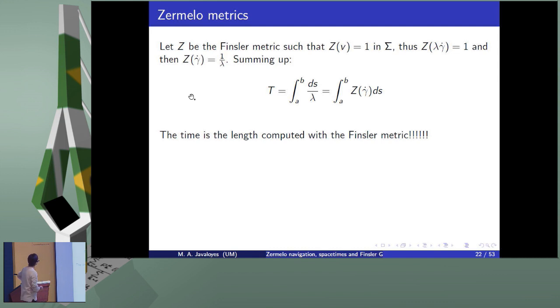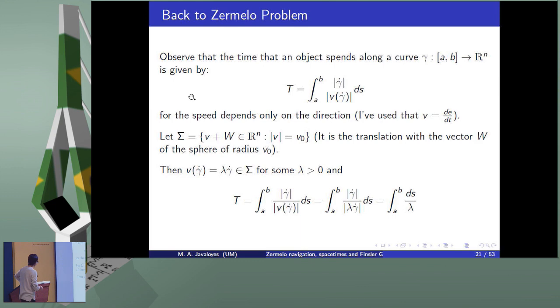We know that the Finsler metric is equal to 1 on the indicatrix. And here the velocity v is equal to lambda gamma dot, and then the Finsler metric is equal to 1. But then, using this equation, we obtain that the Zermelo metric on gamma dot is equal to 1 over lambda. So basically, the time is the length of this curve with this Finsler metric, the Finsler metric having as indicatrix this hypersurface, the translated sphere.